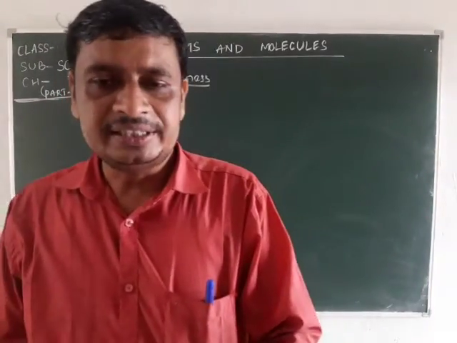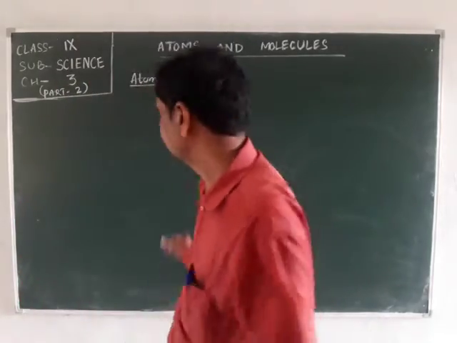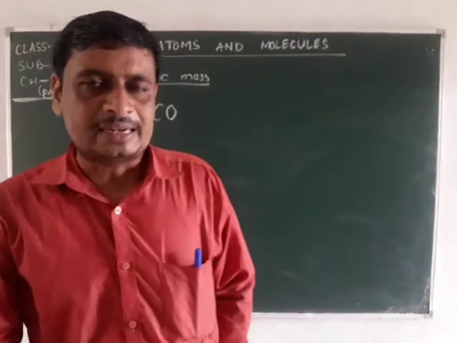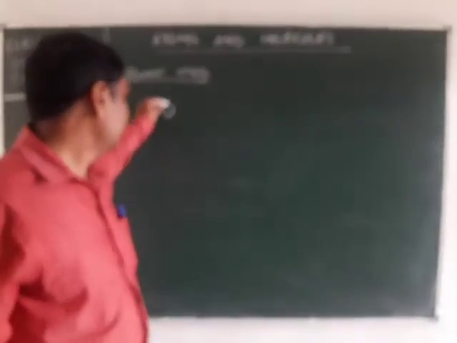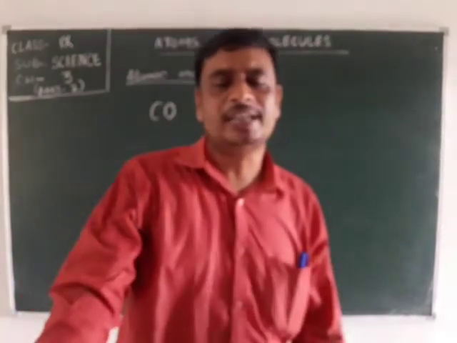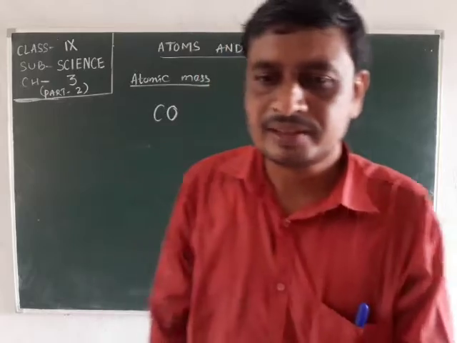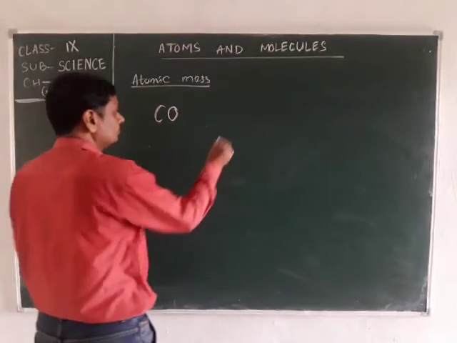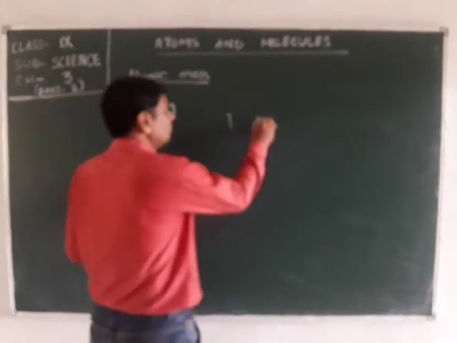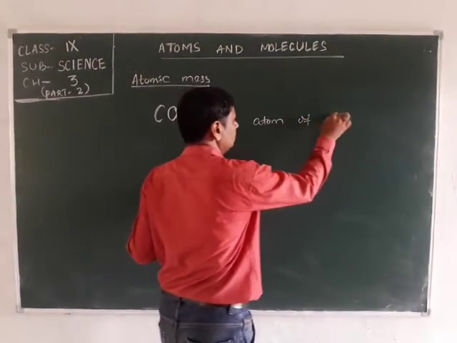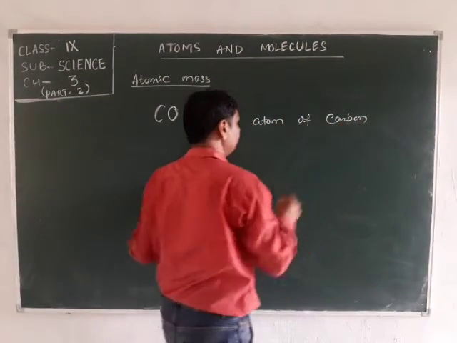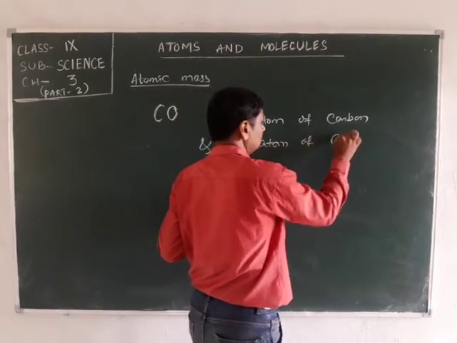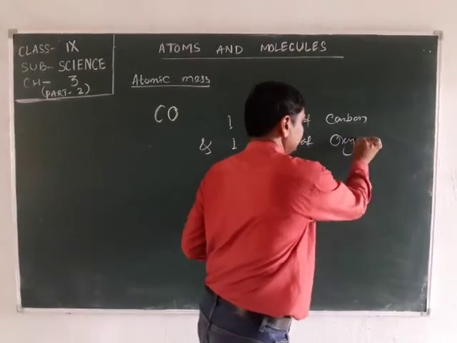Let us take a compound, carbon monoxide. Carbon monoxide is formed by one atom of carbon and one atom of oxygen. What will be the atomic mass of this carbon monoxide?